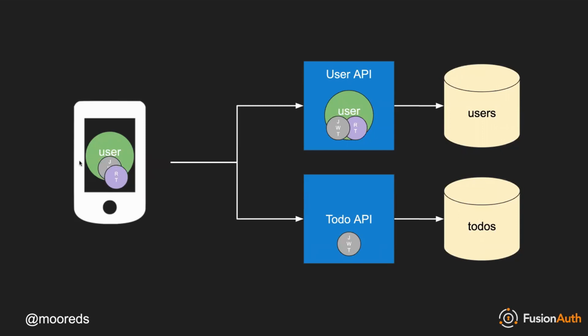The client can catch that exception and say, this JWT was unauthorized. I'm not sure what's going on. And it could look at the JWT, or it could just say, I'm going to try to get a new JWT. And so if it wants to get a new JWT, it's going to pass that refresh token back to the user API. The user API will look at that refresh token in its database and say, oh yeah, this user is still logged in.